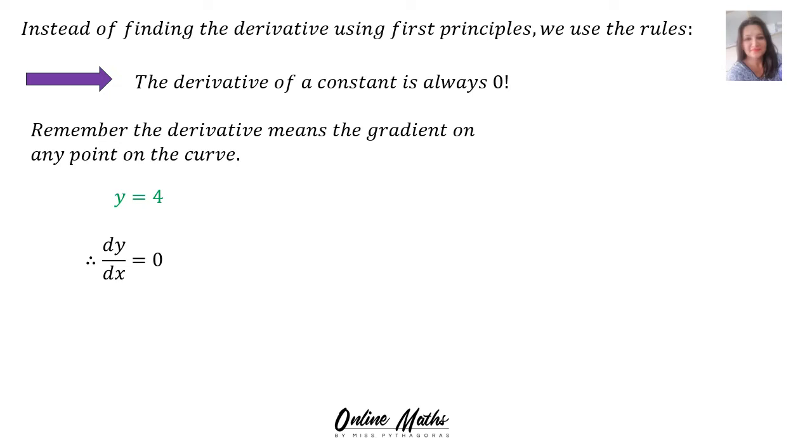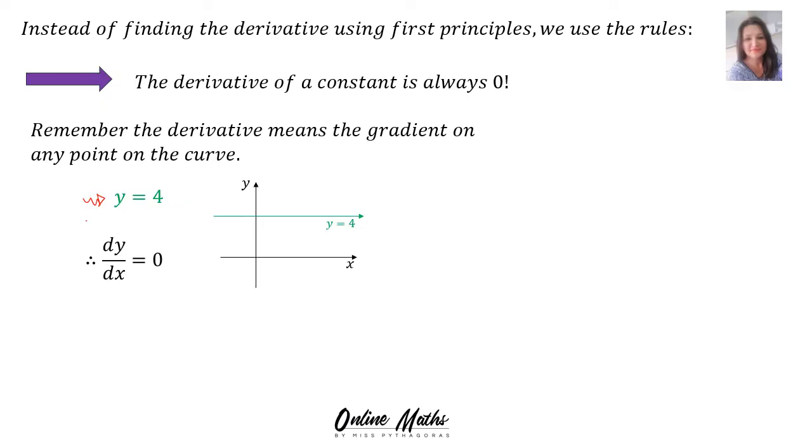And please note, can you see which notation I used? Since this was given as y is equal to 4, I used dy over dx, and then the answer, 0. But why? Remember, there's your y-axis, there's an x-axis. y is equal to 4 is that line over there.